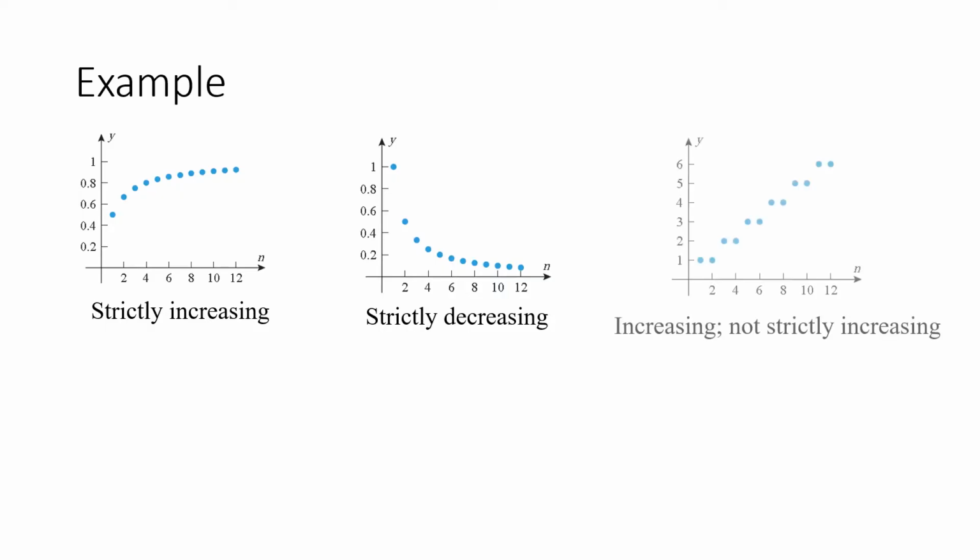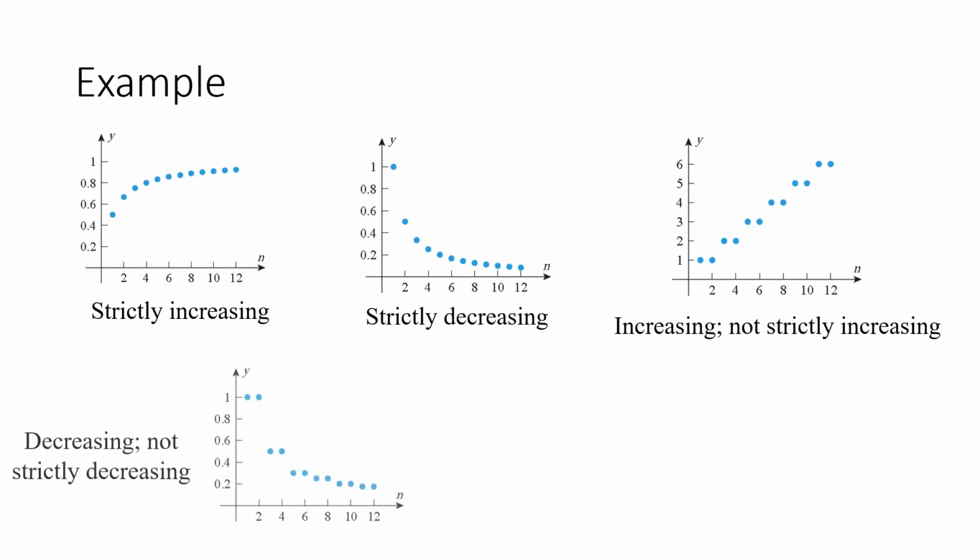So let's have another example. This is an example of increasing but not strictly increasing. As you can see, there are elements that have the same value as other elements within the sequence. And this is an example of decreasing but not strictly decreasing.